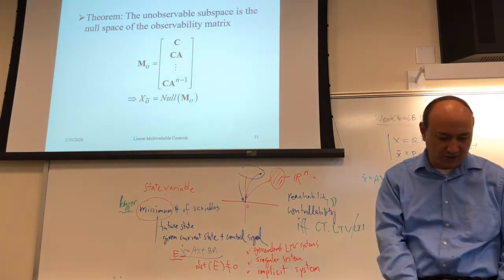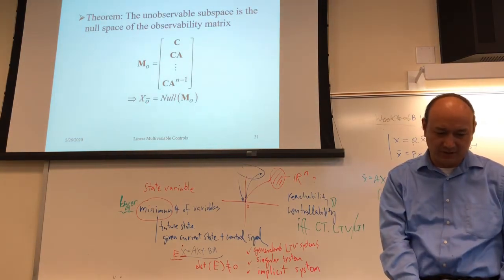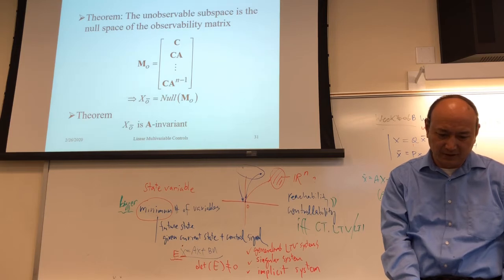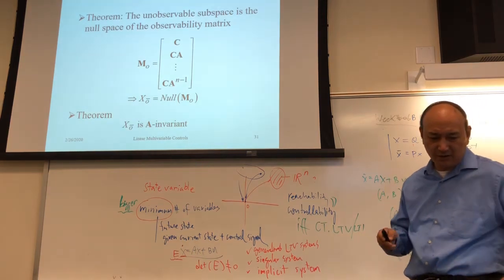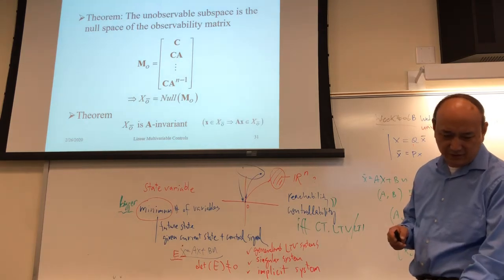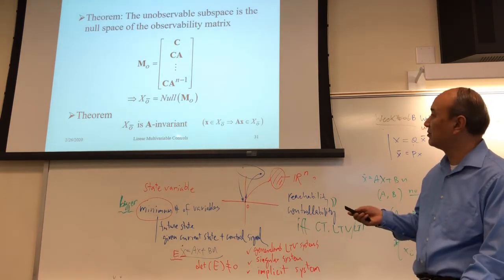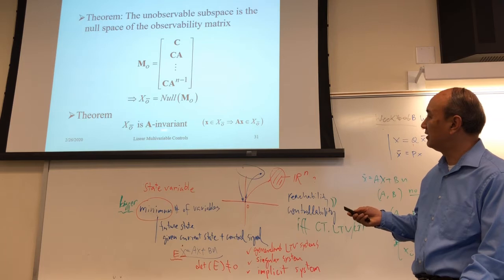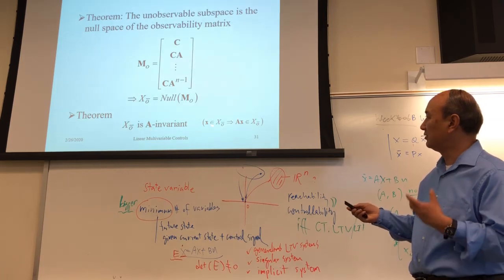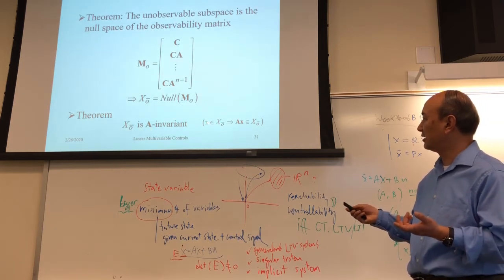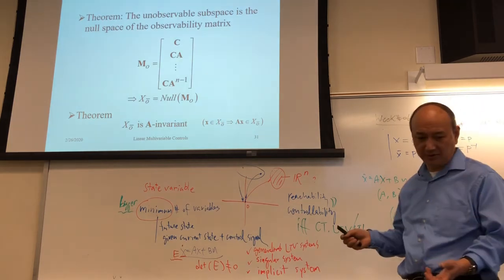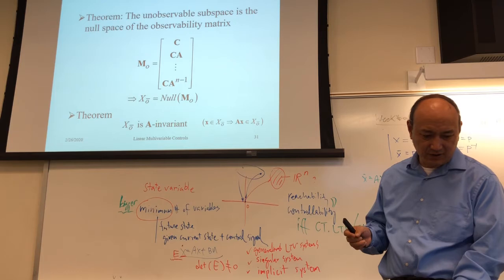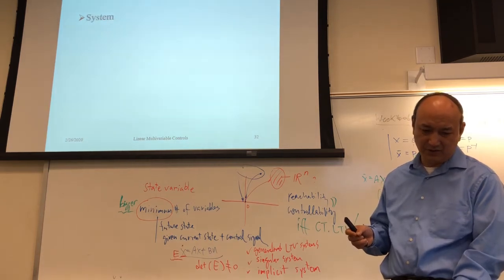Those are the unobservable subspace. In other words, this unobservable subspace is also invariant. If you have something not observable, then A times X, any vector generated, is also not observable. Which is quite obvious.